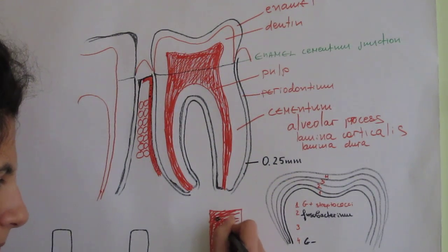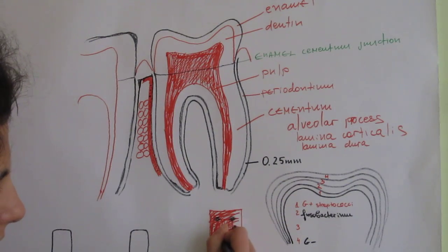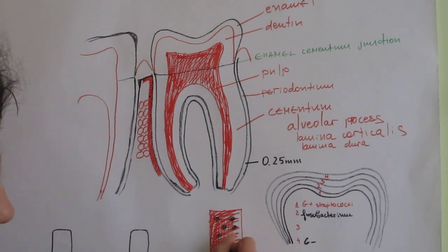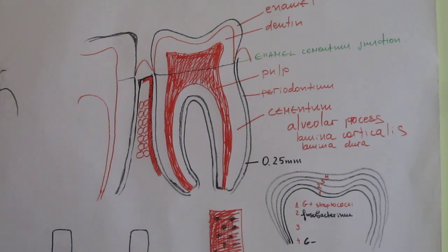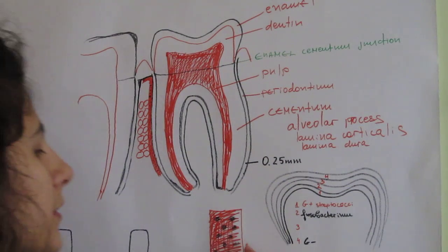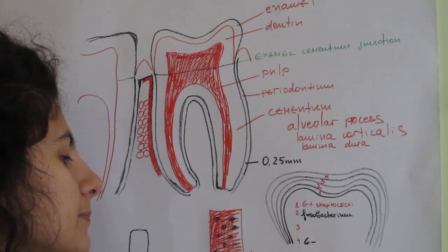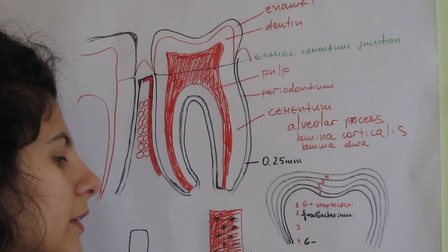Small rounded canals. So that's why this lamina is also called lamina cribriformis.